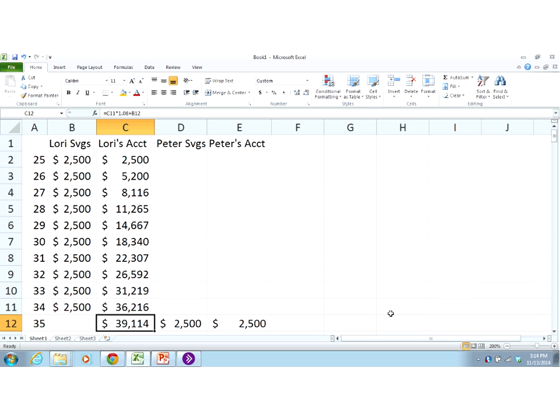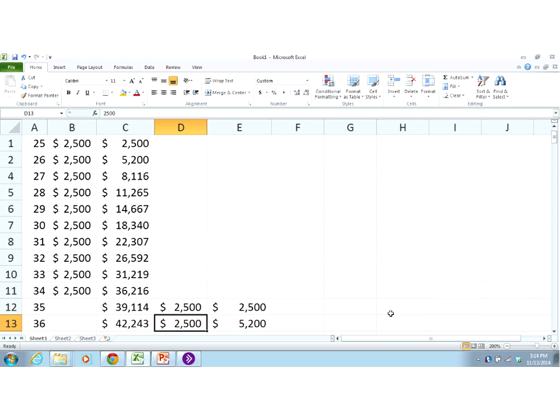So she stopped saving here between 34 and 35. So all of the growth comes from interest earnings. We can see that it's almost $2,900 in interest earnings. So that equals more than the amount that Peter will save. That's the key amount. That equals more than the amount that Peter will save.